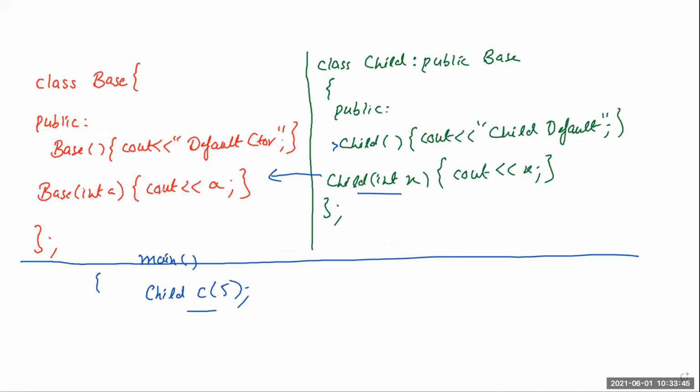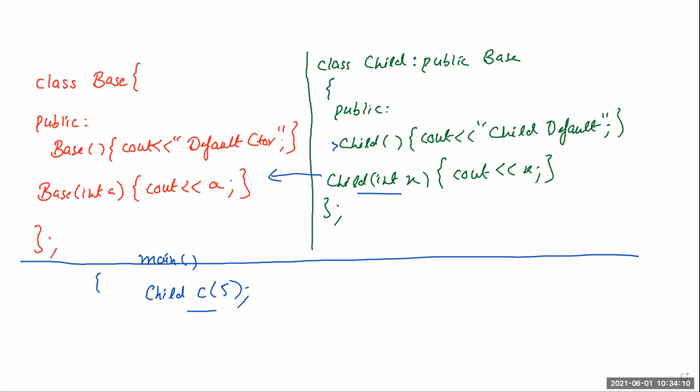So if you want it, it will not happen automatically. Okay, means automatically always the default will be called for the parent. If you want to call some other constructor of the parent, not the default constructor but the constructor which is having some argument, then you have to do it yourself. Yourself means you have to explicitly call it.